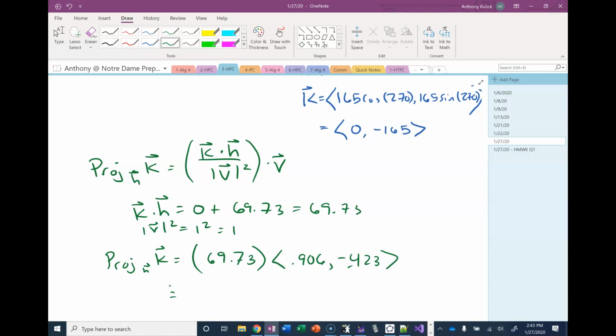And when I do that scalar multiplication, I get this.